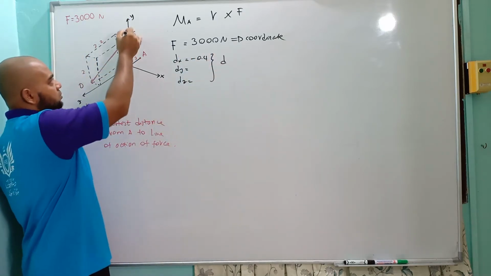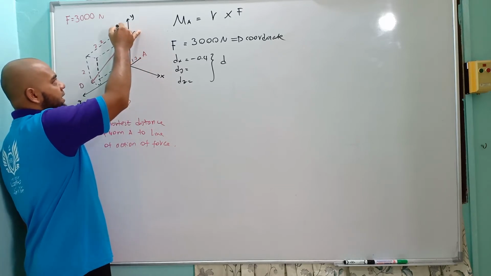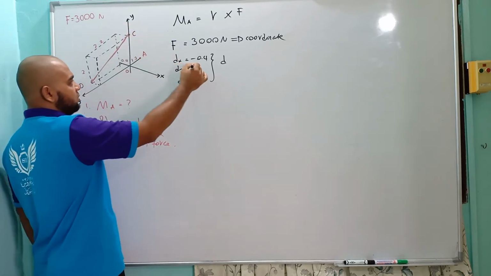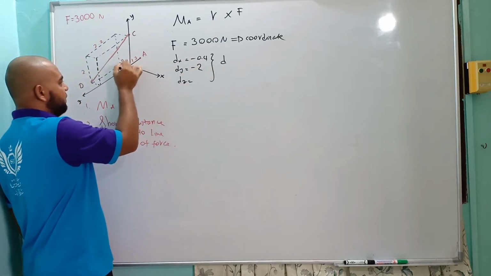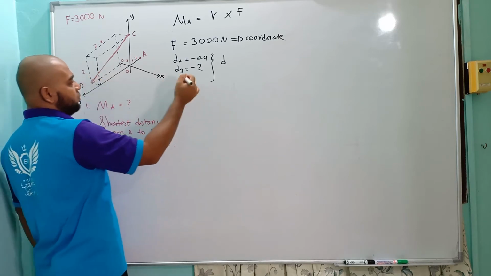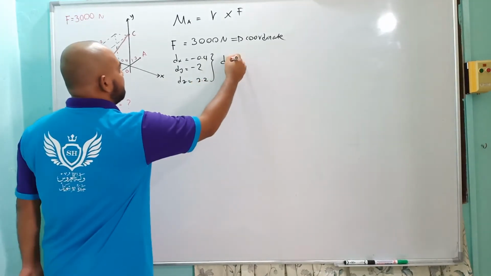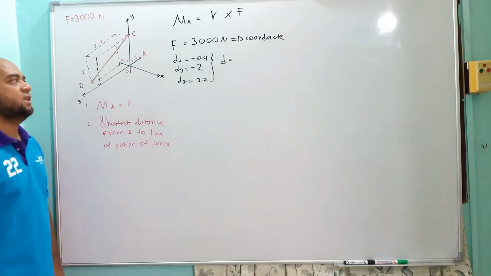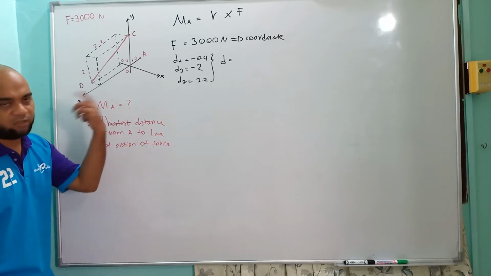Y goes downward, so also negative, which is 2, and it goes to the front in z, so positive z, which is 2.2. So dx is negative 0.4, dy negative 2, dz 2.2.